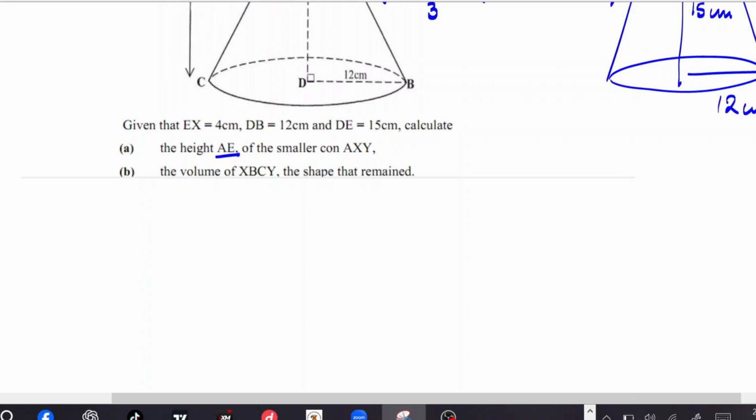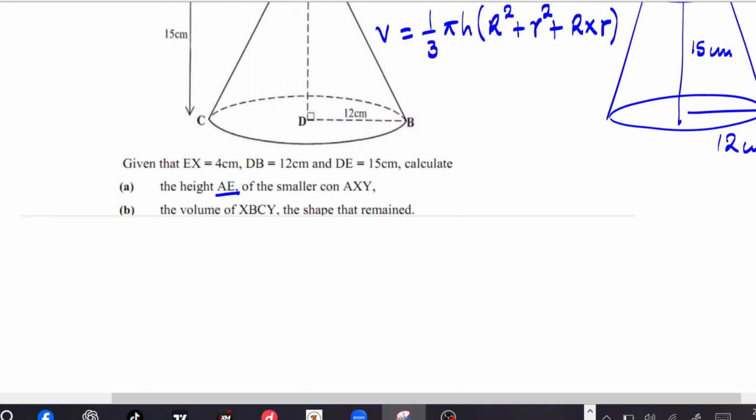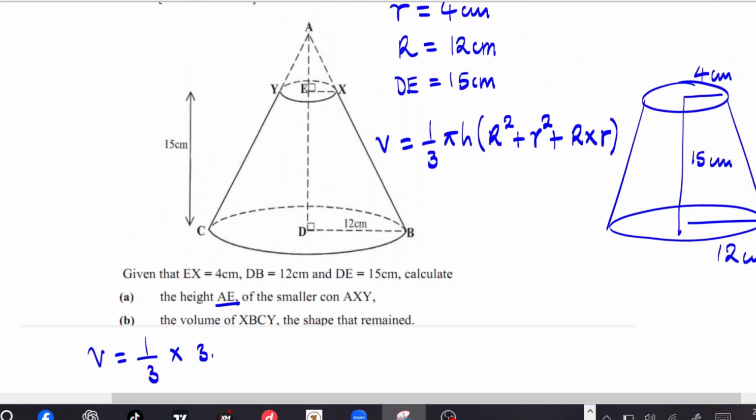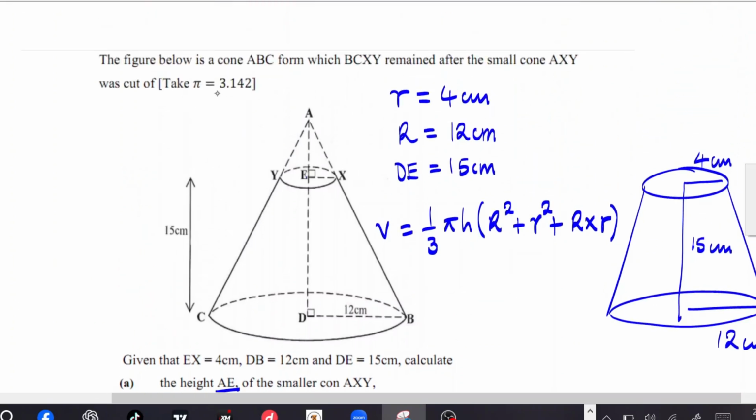So what we are going to do now is substitute. Volume is equal to 1/3 times pi. They gave us 3.142, that's pi. Where there's pi, we put 3.142.